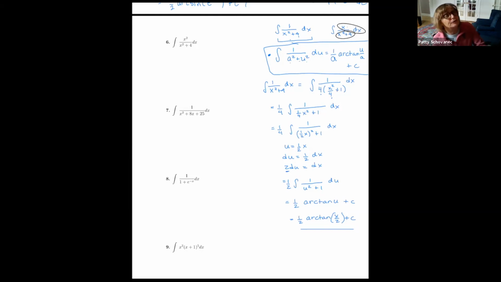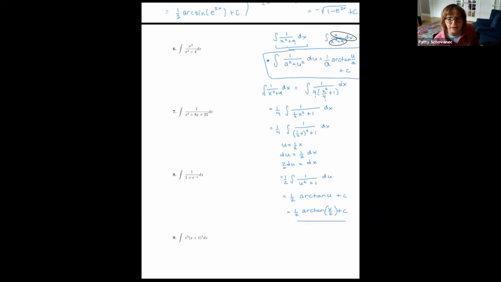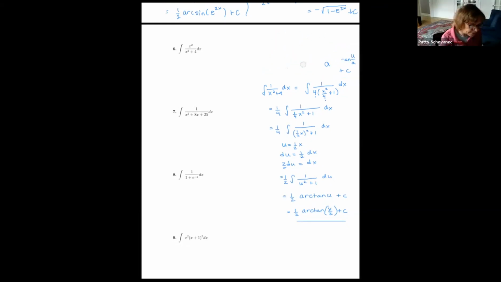If I have a fraction, for instance, like 25 over 4, that's called an improper fraction because the numerator is bigger than the denominator. 25 over 4 can be written as a mixed fraction. It's 6 1/4. This is an algebraic version of a mixed fraction. I can divide that and find the whole part plus the remainder over the divisor.